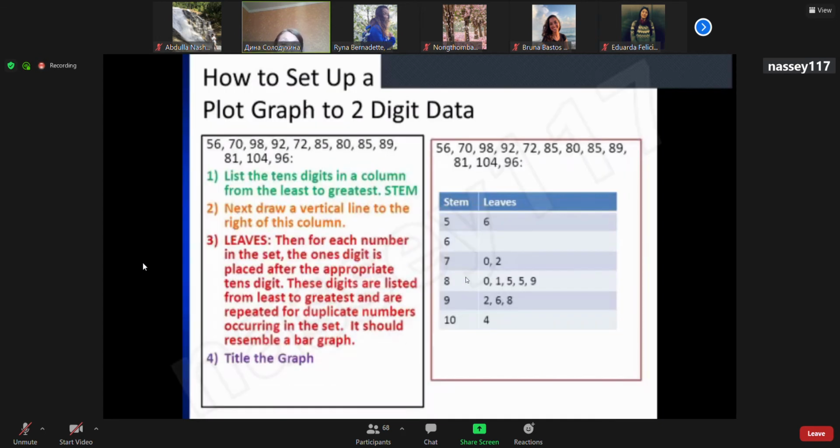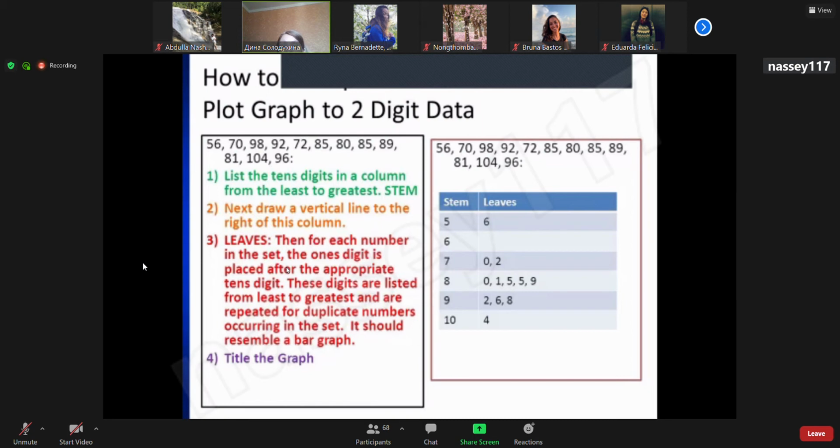The next type of graph is called a stem and leaf plot. In this type of graph, we have a data set where we list the tens digits in a column from the minimum to maximum. It's called the stem. Then we make a vertical line, and for each number in the set, we write the units digit.